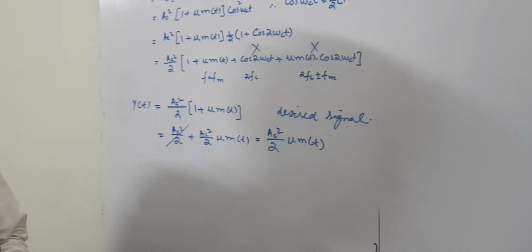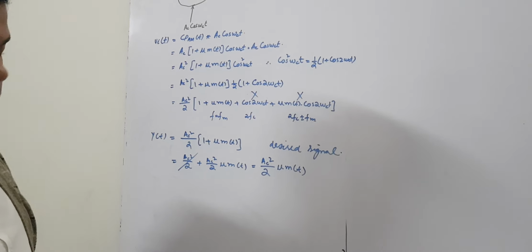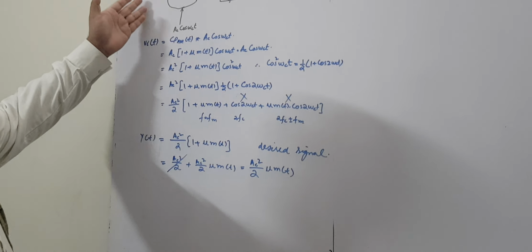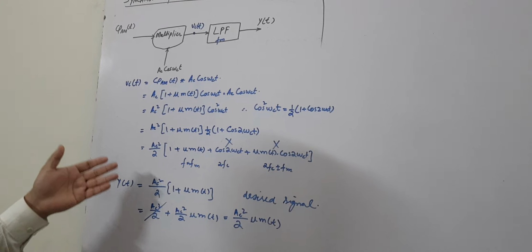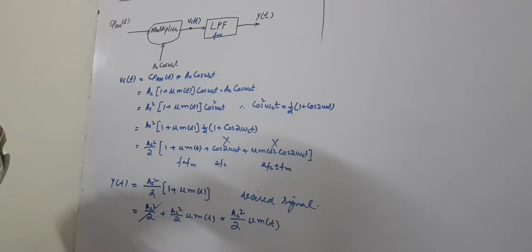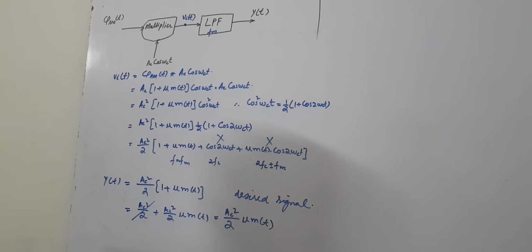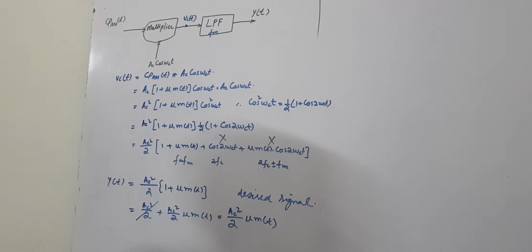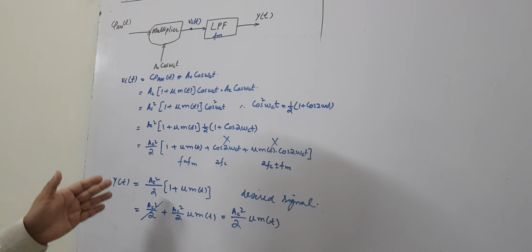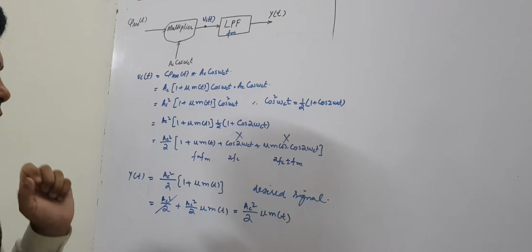So detection using this type of circuit is very easy. Using the synchronous circuit, the detection is very easy. But the only issue in this detector is that you have to locally generate the carrier, and the frequency and the phase of that carrier should be synchronized with the frequency and the phase of the carrier that was used at the transmission or transmitter side.